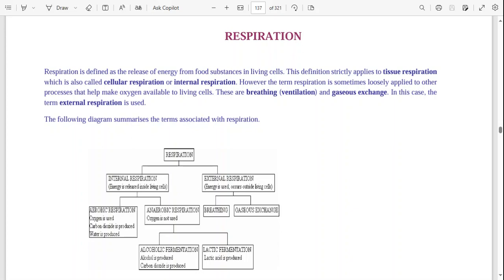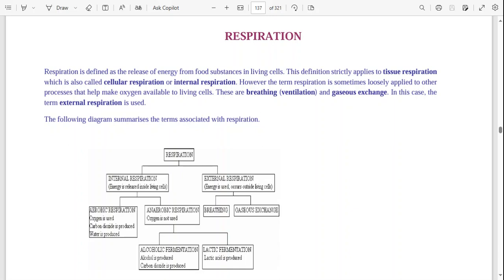This one is basically tissue respiration, also known as cellular respiration, because when you breathe in, you have oxygen going in and carbon dioxide coming out. The oxygen goes into the lungs, is transported into the body, and is carried in blood to the rest of the body.